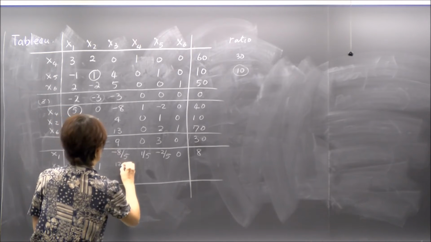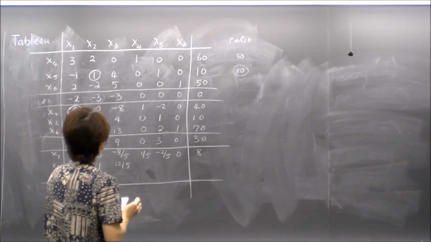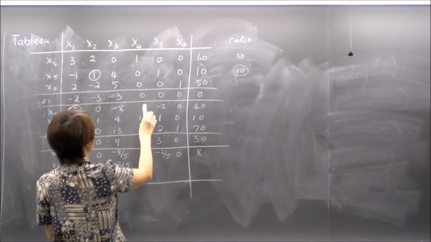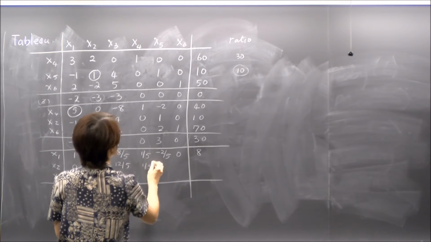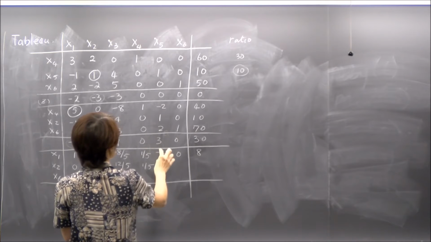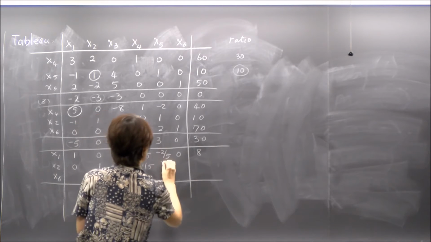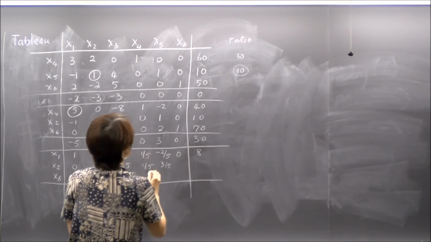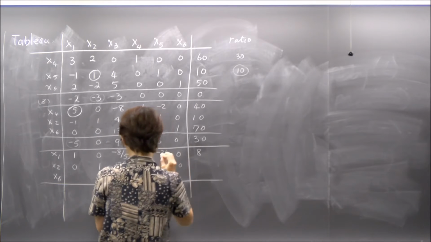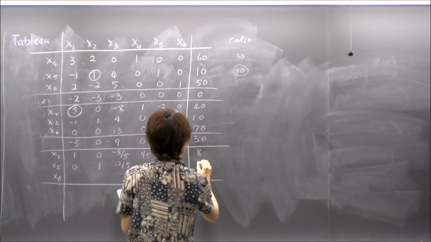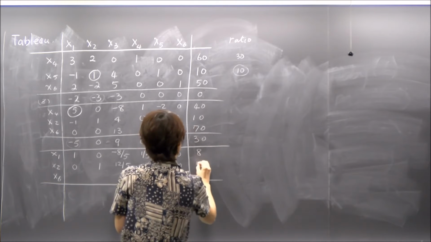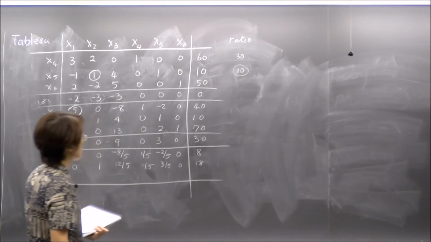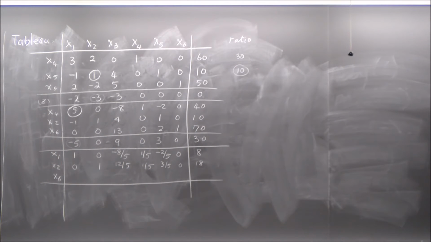It gives me 12 over 5, and this will be 1 over 5 on 0, and that will be negative 2 over 5, add on 1, that will be 3 over 5, and that's still 0. And then this was 18, 10 plus 8. Is that clear? Some annoying fractions got in, but can we handle it?